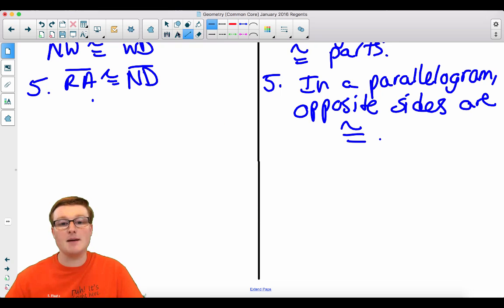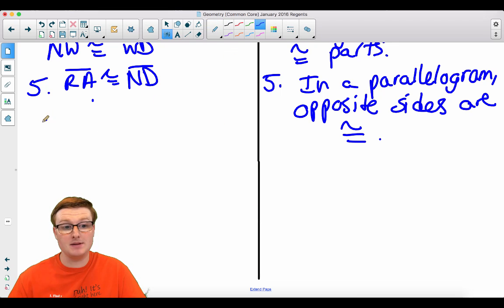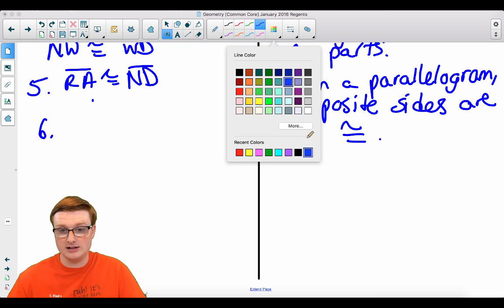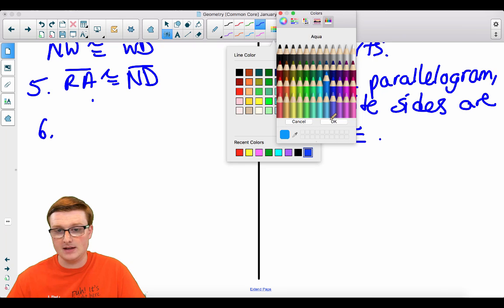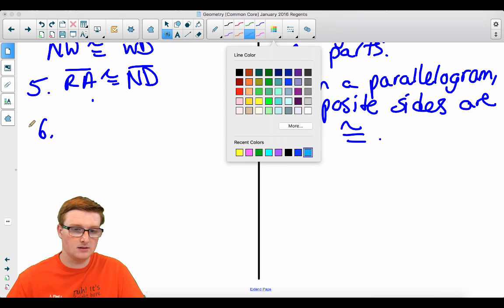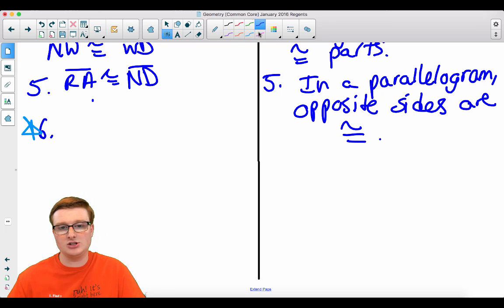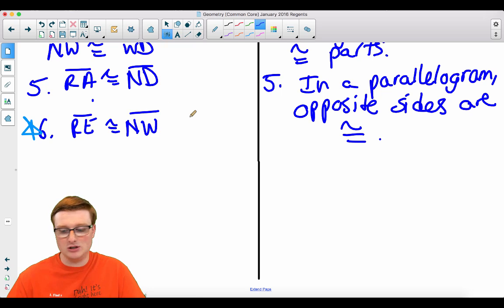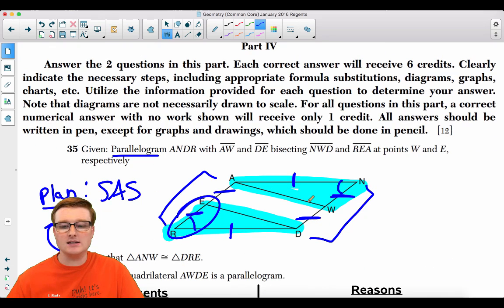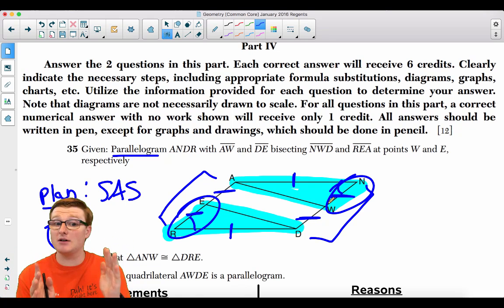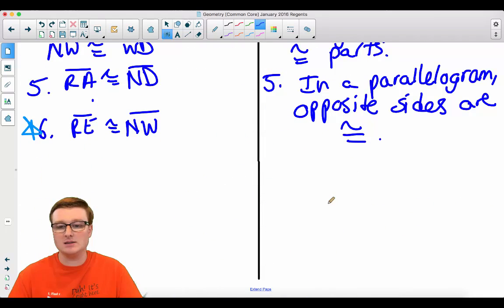Now, step 6, I'm actually going to star step 6. I'm going to start in a different color here, and you'll see why. All right, I just started step 6. So step 6, I'm going to say that RE is congruent to NW. So if you go back up here, RE is now congruent to NW. You had to state first that the two sides were parallel and congruent, and then prove that RE is parallel to NW.